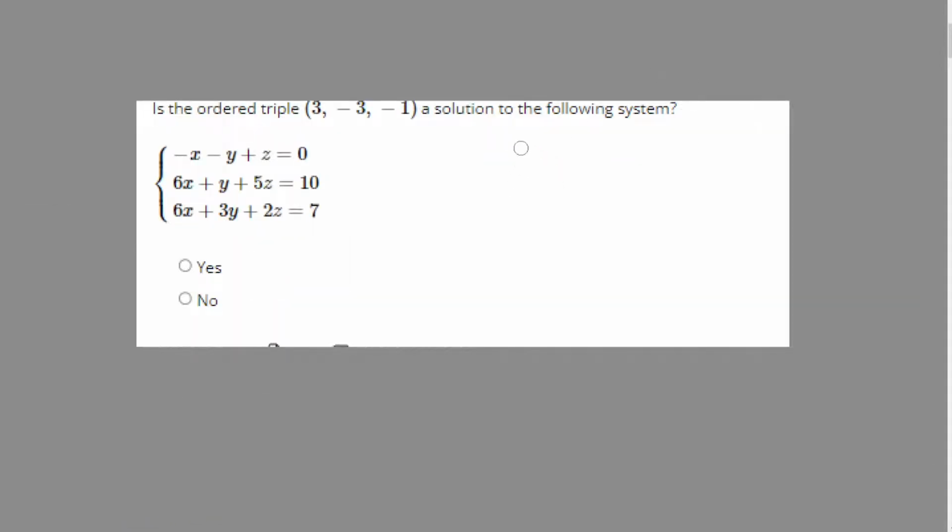So now what we'll do with this one, it's asking us, is the ordered triple 3, -3, 1 a solution to the following system? Now, just a refresher, when you have two coordinates, it's x, y. When you have 3, it stands to reason that you'll have x, y, z.